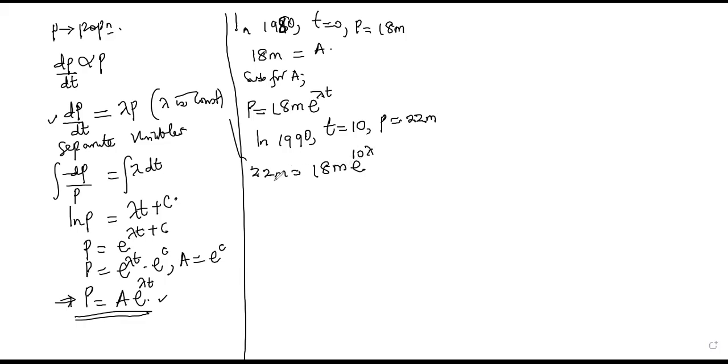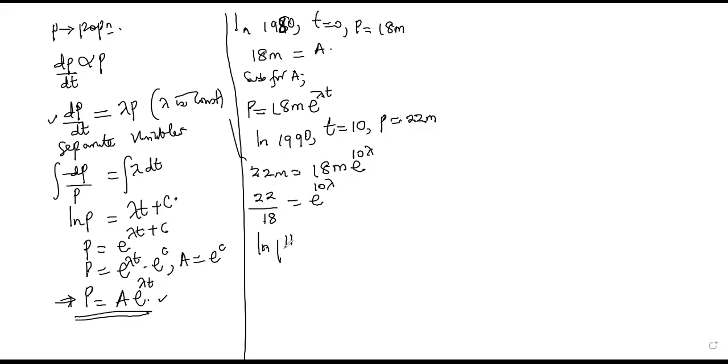But M and M will cancel. So if M and M cancel, I will have 22 over 18 is equal to e to the power 10 lambda. Now, to get lambda, of course, you have to introduce ln again. So ln of 22 over 18, it is 11 over 9.